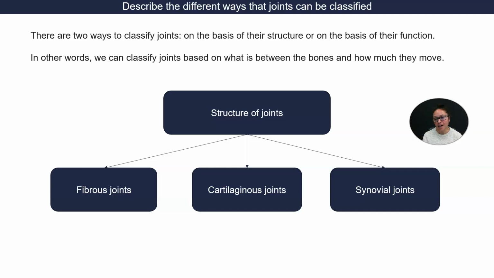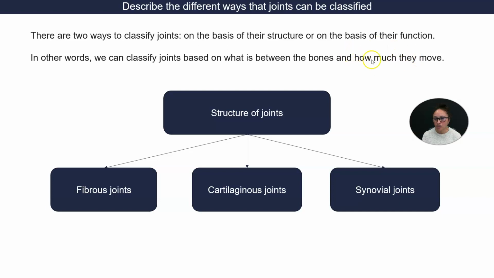There are two ways that we can classify joints. First of all, we can have a look at what the joint is made out of. And the other way is what is their job, or how much they move. So that's concept number one: the joints can be classified on what is between the bones.